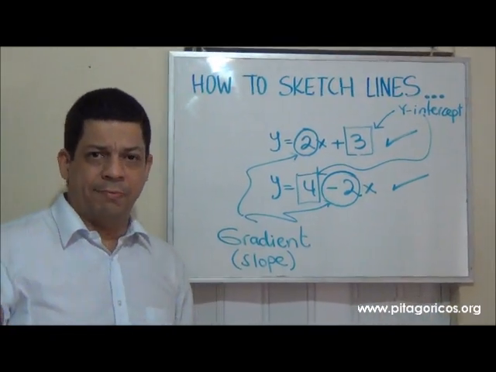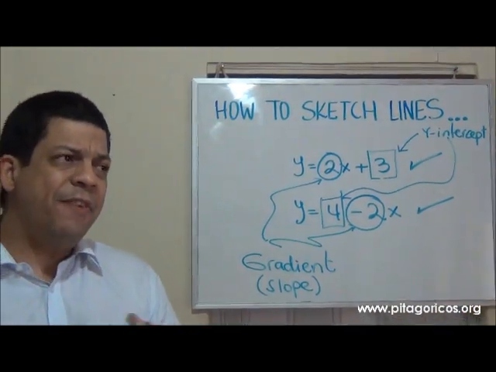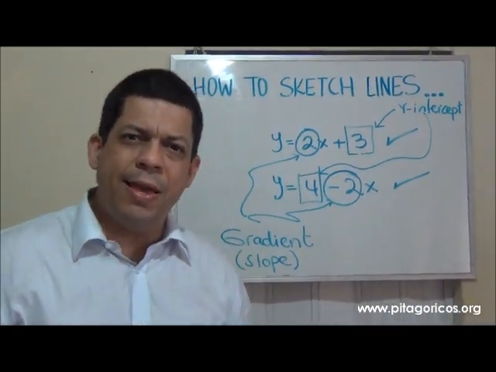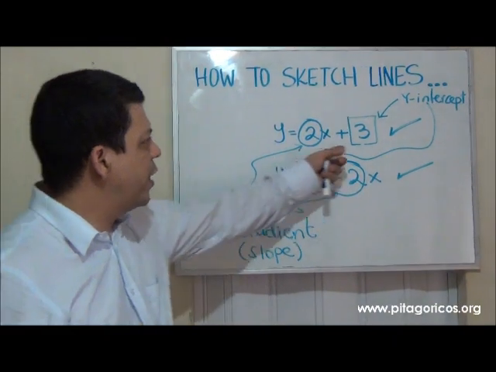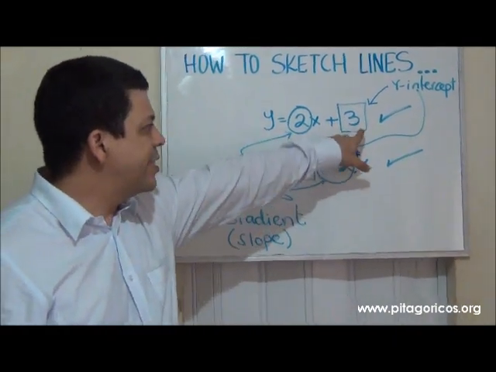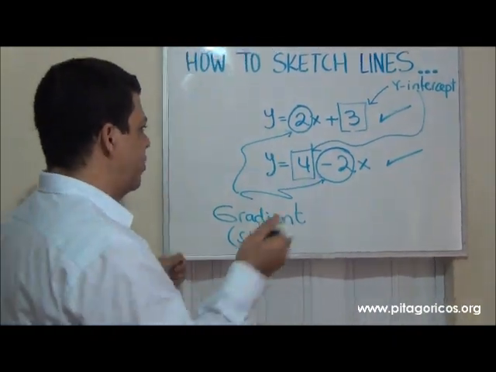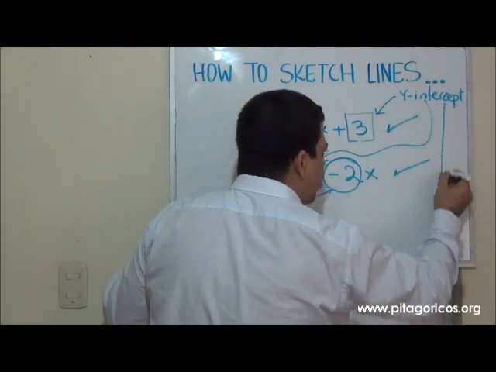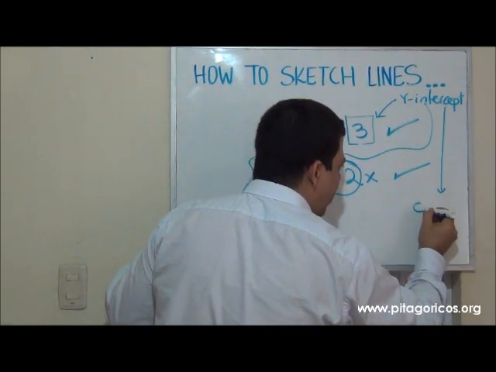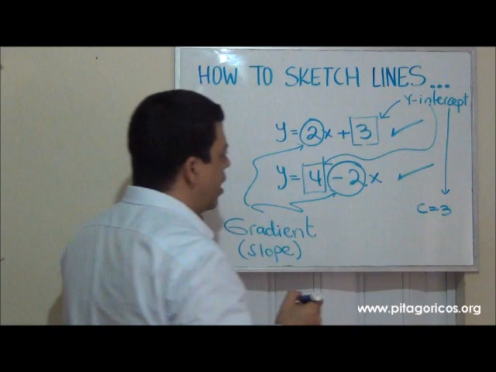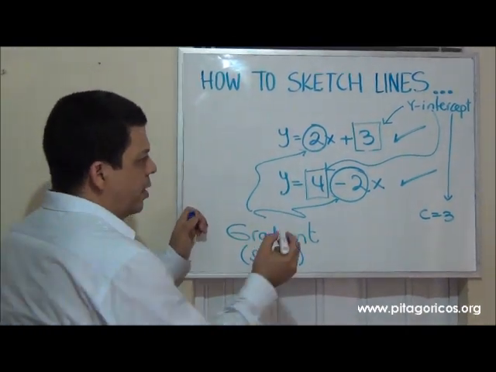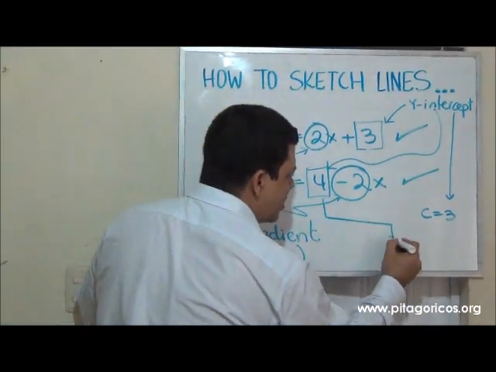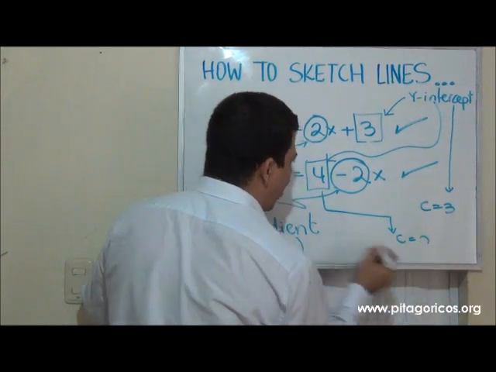I'm going to say it again. If they ever ask you in an exam, what is the y-intercept here? You're going to say c equals 3. That is the letter that we use to represent that one, c equals 3. And in this other case, c equals 4.